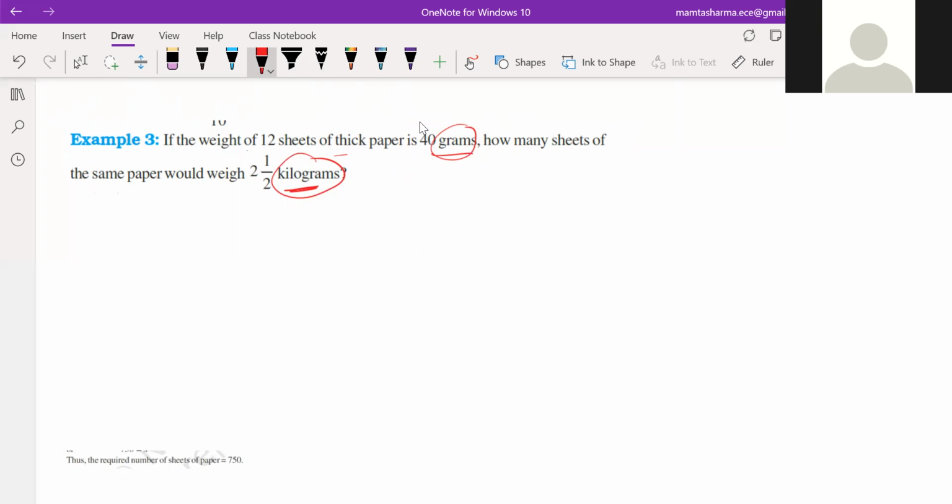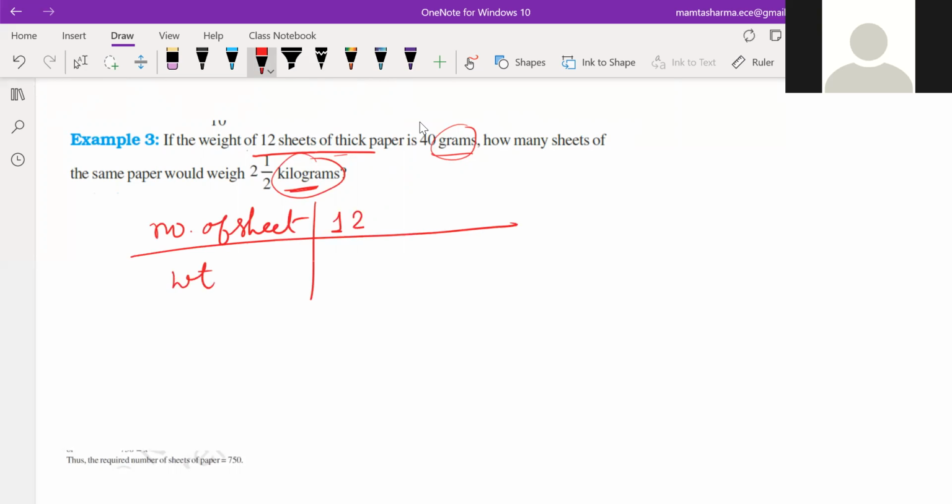Okay. So there are two things. One thing is the weight of 12 sheets of thick paper. Number of sheets and weight. The number of sheets is 12. When the number of sheets is 12, their weight is 40 gram.